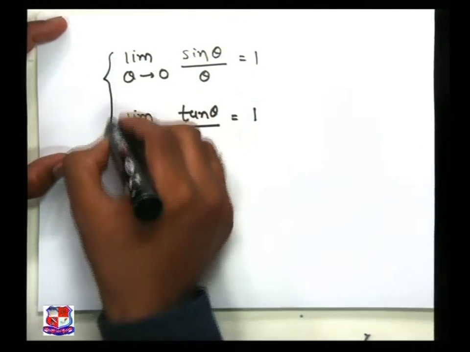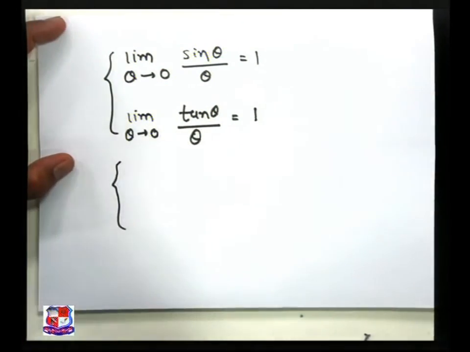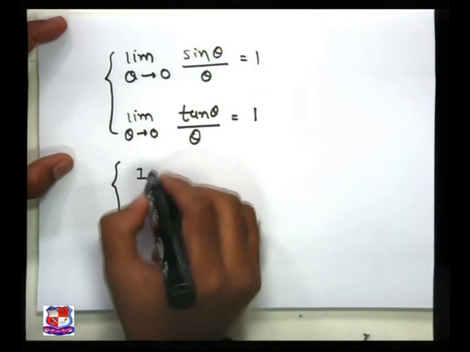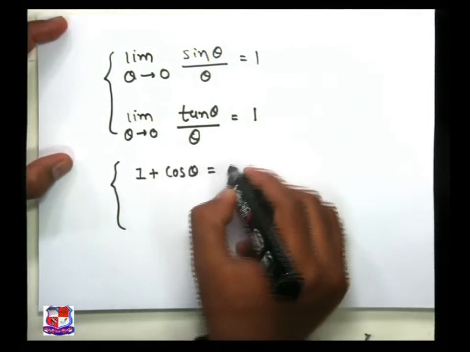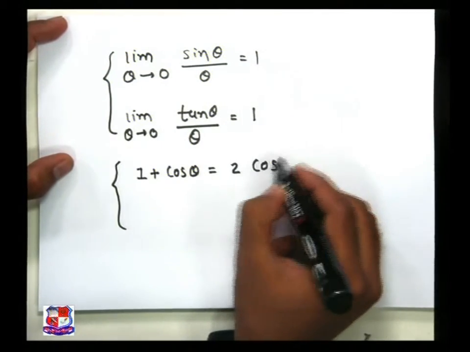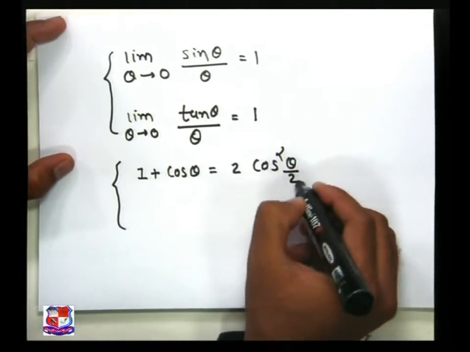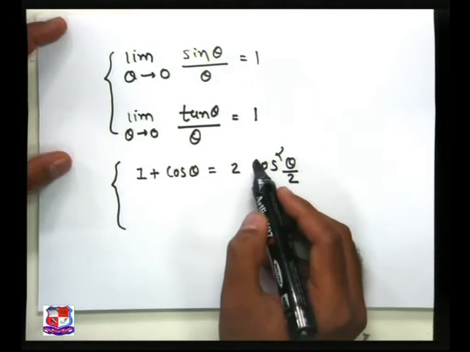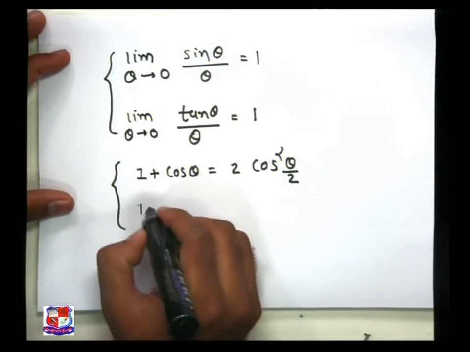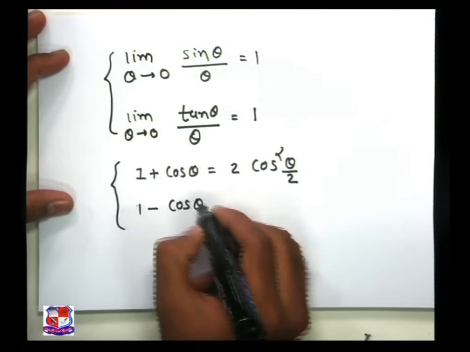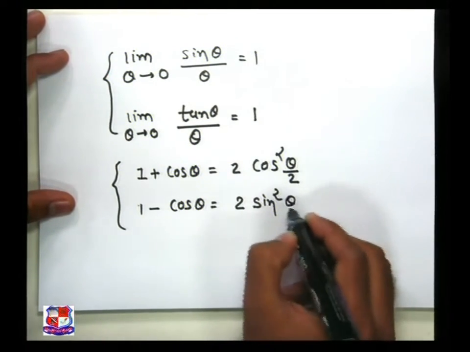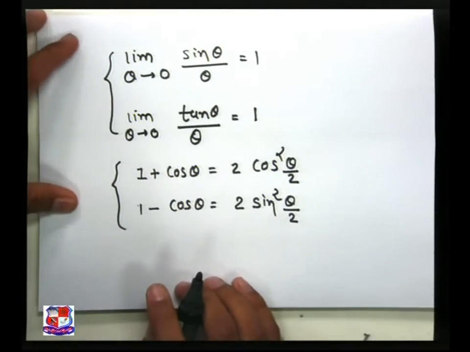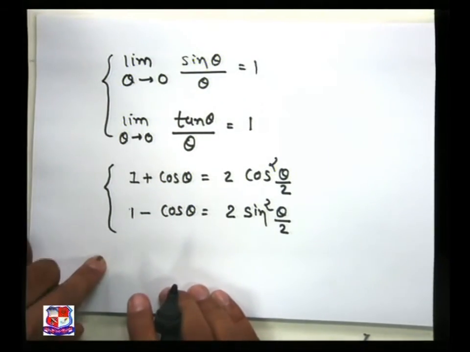These are the two basic formulas. Same way we can write 1 plus cos theta equal to 2 cos square theta by 2, but 1 minus cos theta we can write as 2 sin square theta by 2. So now the next problem is based on this formula.